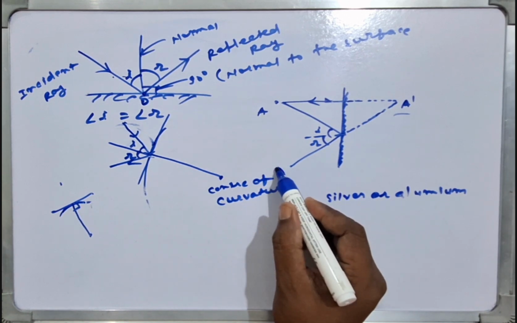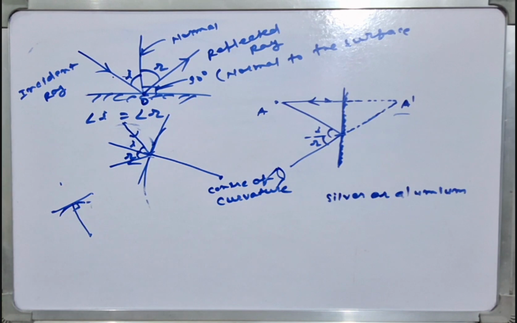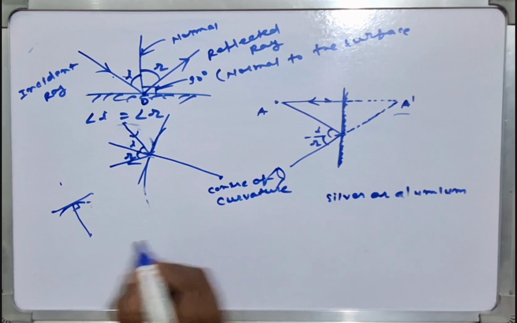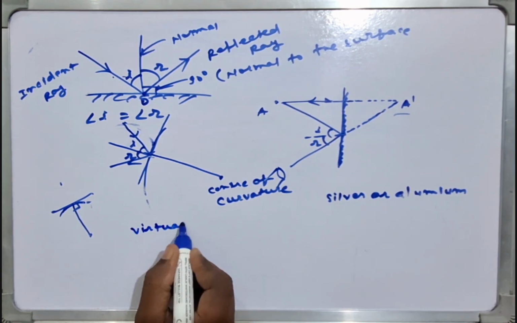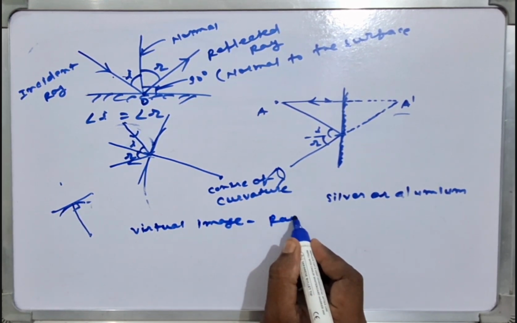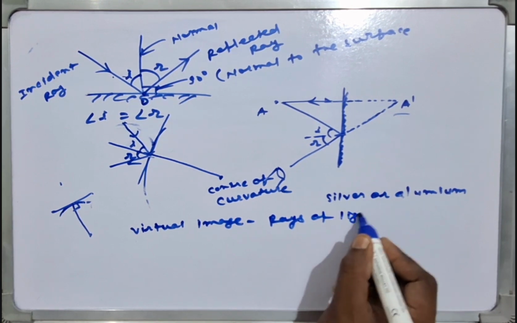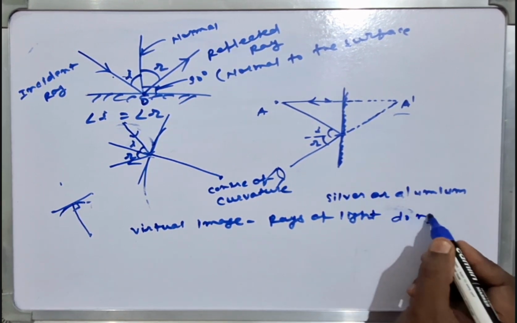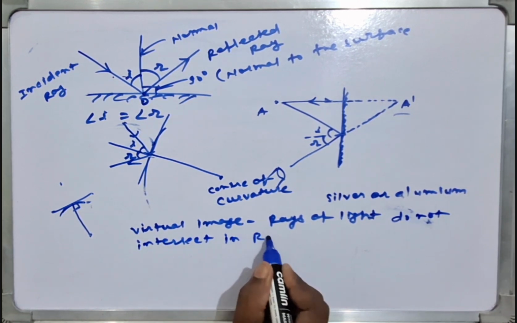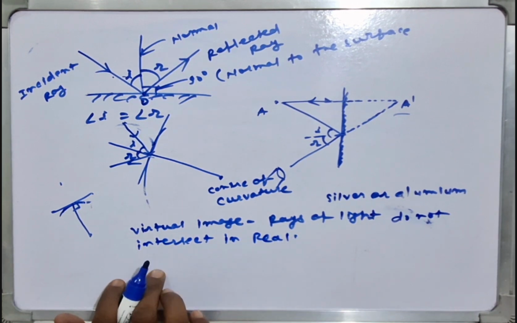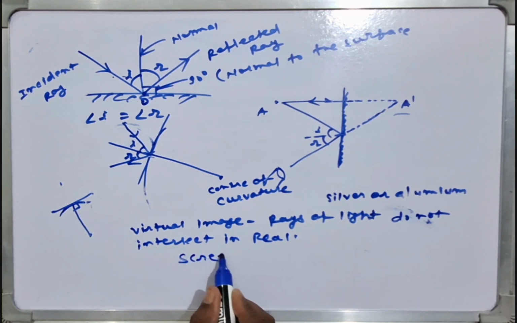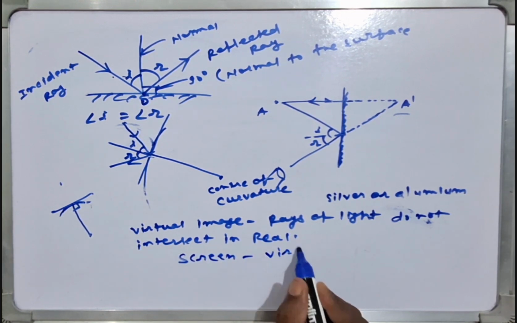Suppose here is your eye, so you can see that the image is here. This is known as a virtual image, because the rays of light don't intersect in reality. So we cannot form an image on a screen when the image is virtual.